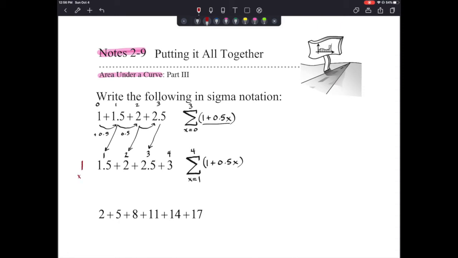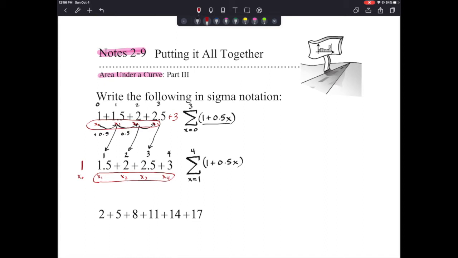If this was x sub 0, x sub 1, x sub 2, x sub 3, x sub 4, notice when we have something on the right endpoints, we'd start with 1 and go to 4, versus this one, where we maybe didn't make it all the way to 3 because we had our 4 already. This was that x sub 0, x sub 1, x sub 2, x sub 3. So we would go right there. And that's what we're going to talk about a little bit more in depth today.